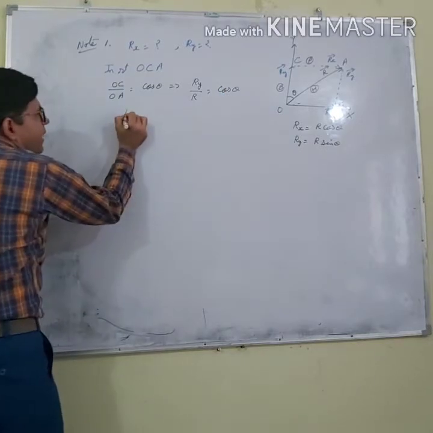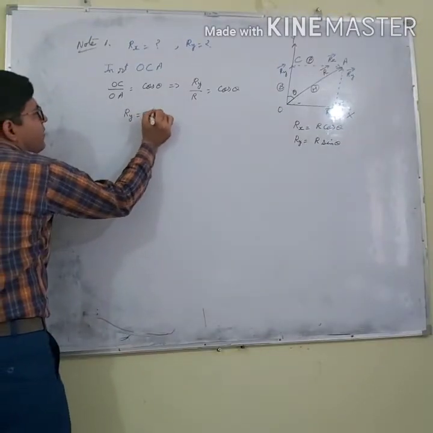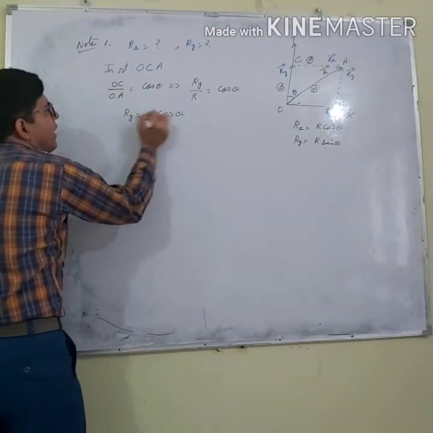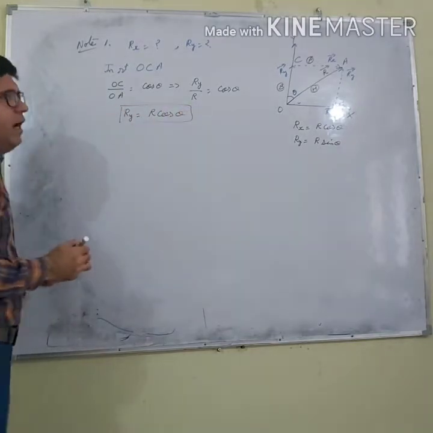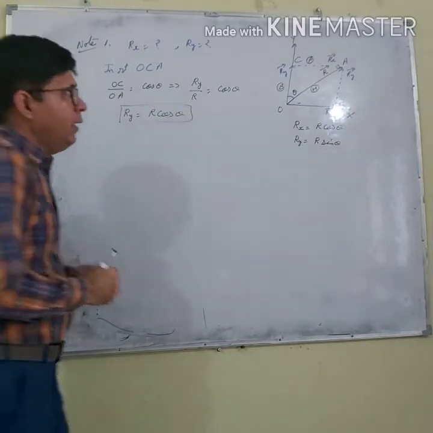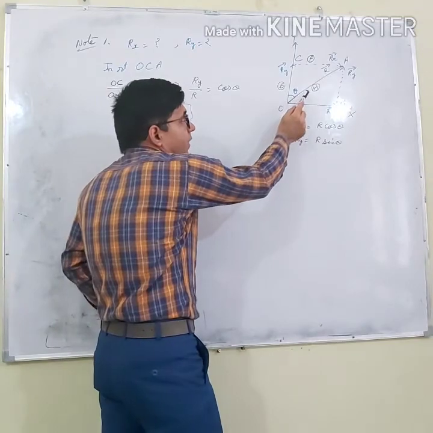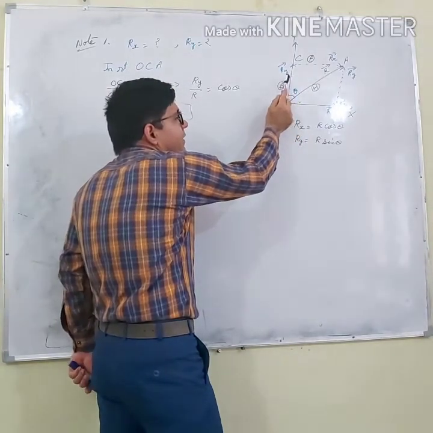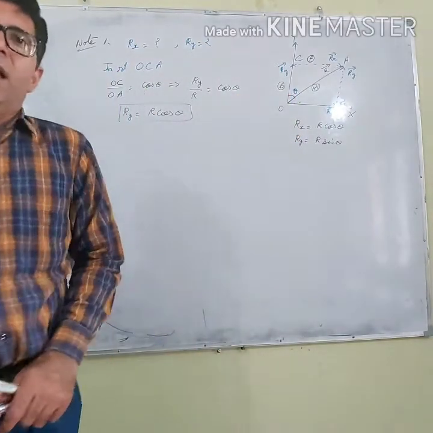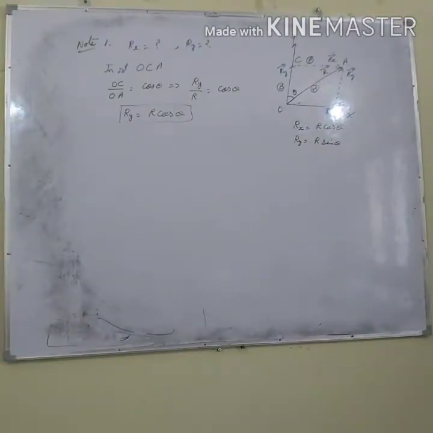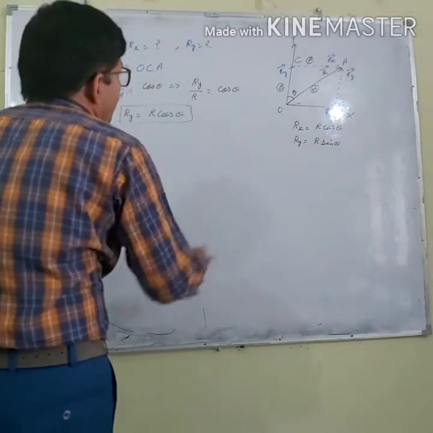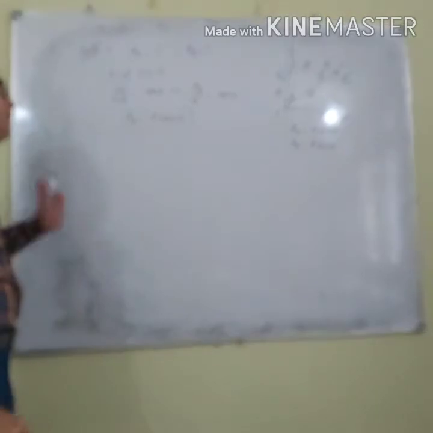So here I can write Ry is R cos theta. Why? Because in this case, vector R is making theta with y-axis, and in the earlier case, vector R was making angle theta with x-axis.